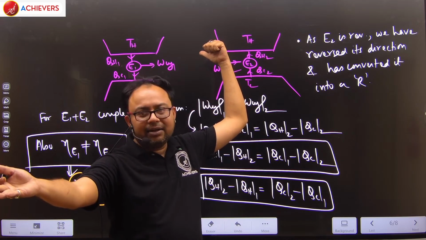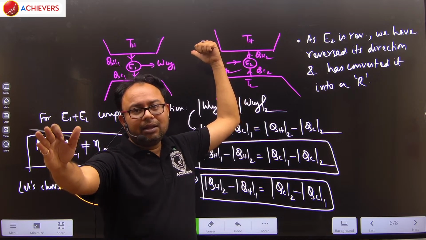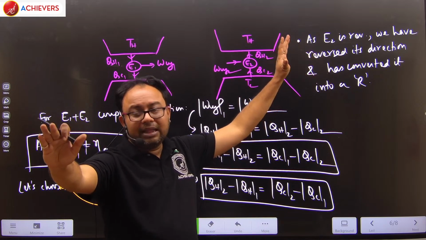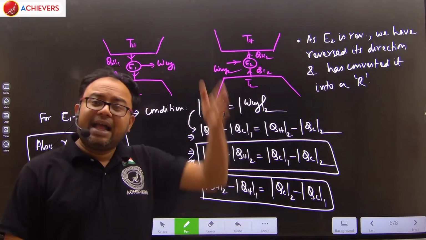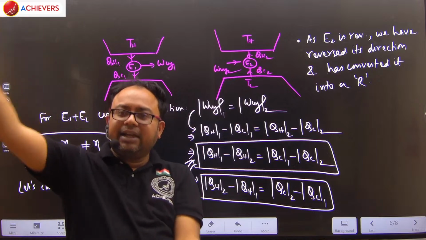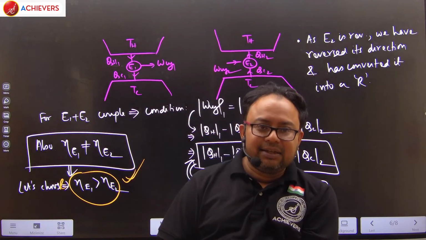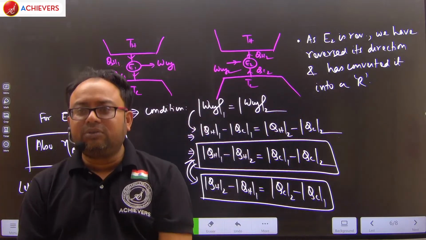Now if E1 is reversible and E2 is also reversible by default, then we have got another liberty. We can keep E2 intact as an engine and we can reverse the direction of E1 and convert it into the refrigerator.